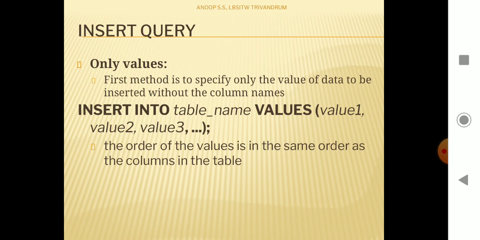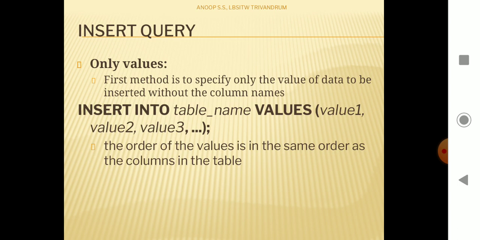Its syntax is INSERT INTO table name VALUES, and in parentheses we mention the values of the attributes: value 1, value 2, value 3. Here one thing to be noted is that value 1, value 2, value 3 are the values of attributes in the table, and the values have to be in the same order as the columns defined in the table.